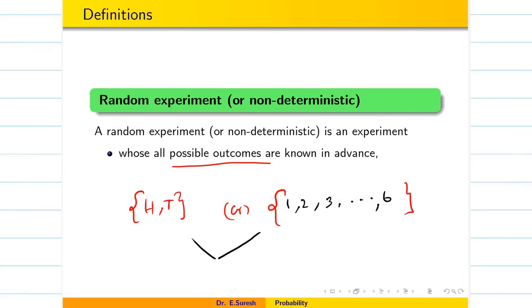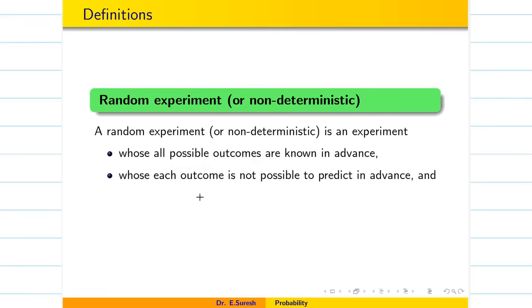But the problem is, when I throw a die or toss a coin, I don't know what the current output is. So all the possible outcomes are known, but each outcome is not possible to predict in advance. That means when I make an experiment, I cannot predict the current outcome.